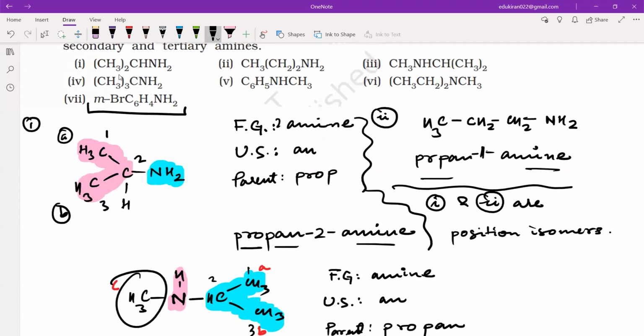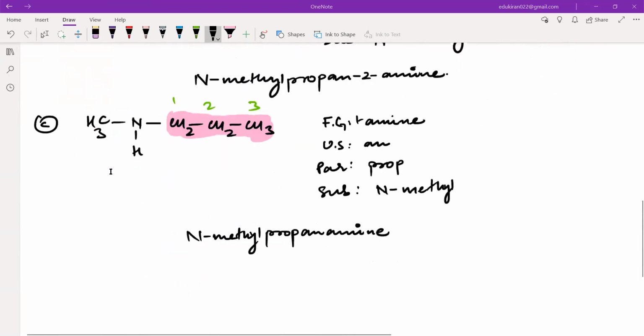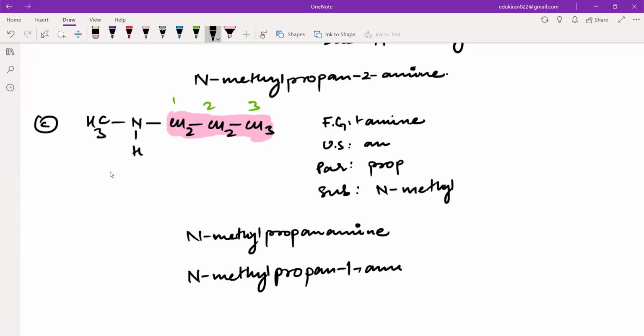Is it necessary to write one amine? N-methyl propane-1-amine. No, it is not necessary to write the one. So this can also be written as N-methyl propanamine, or N-methyl propan-1-amine.